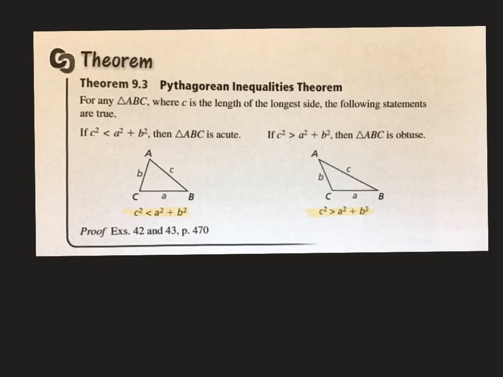If your C squared value is larger than your two legs squared and added together, then it's going to be an obtuse triangle. Okay, so you're just plugging that in. If C squared is smaller than A squared plus B squared, it's acute. If C squared is bigger than A squared plus B squared, it's obtuse.